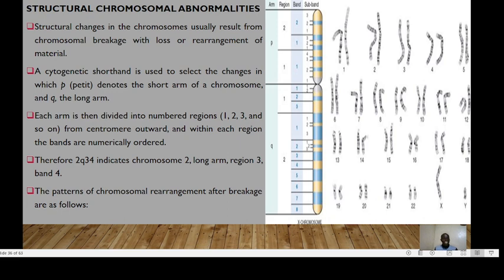Each arm is then divided into regions numbered 1, 2, 3, and so on from the centromere outward, and within each region the bands are numerically ordered. Therefore, 2q34 indicates chromosome 2, long arm, region 3, band 4.